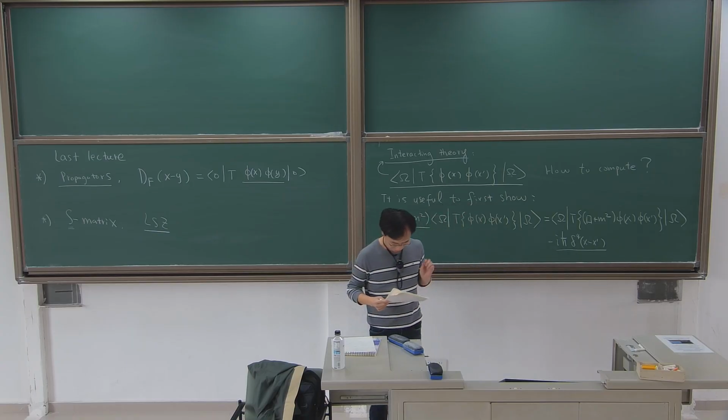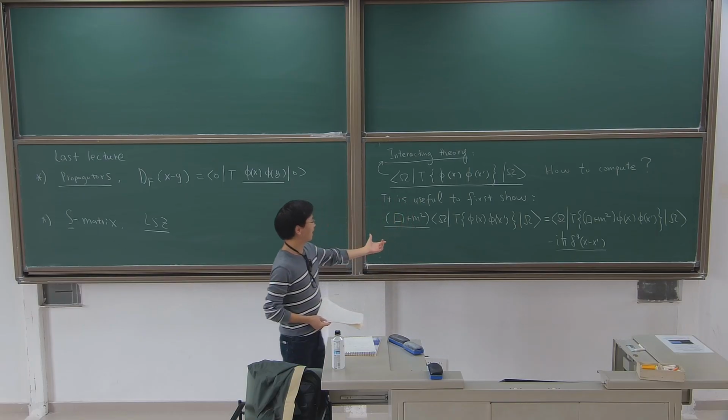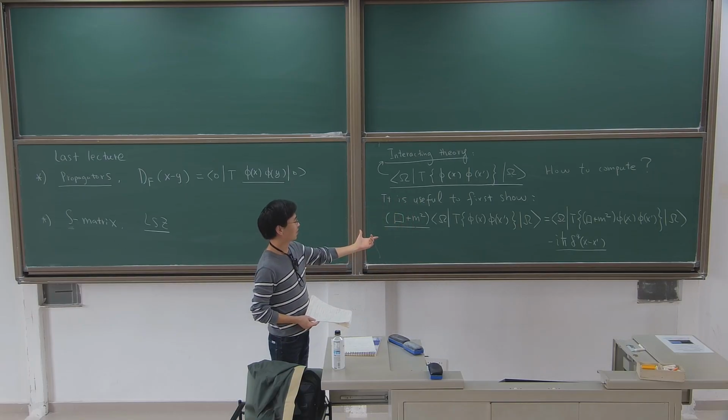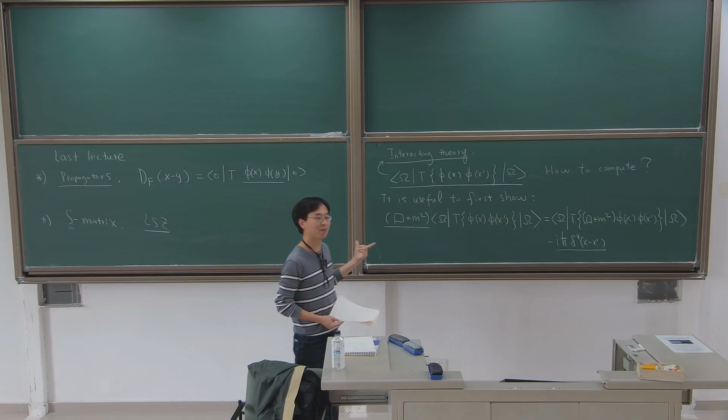We are trying to use this relation, but first of all, you have to convince yourself this is true. So we have to first show this one. As you may already realize, this is very much like the exercise we did before. Last lecture, we tried to examine whether the time-ordered propagator is a Green's function or not. Remember that?